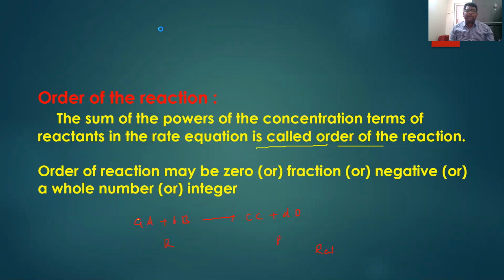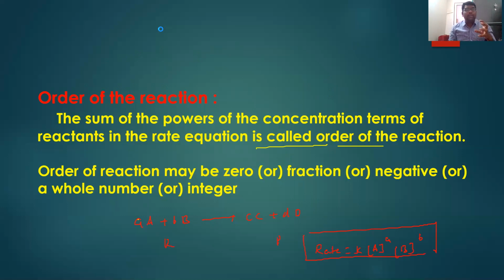Rate is equal to k into concentration of A to the power m, concentration of B to the power n. This is the order of reaction: the sum of powers of concentration terms of the reactants in the rate equation is called the order of the reaction.